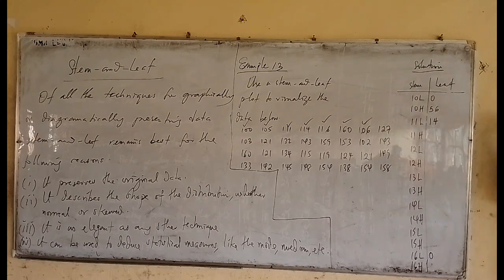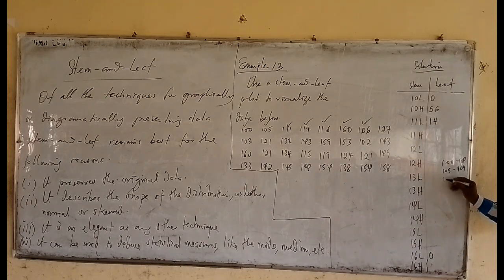10 and 0, low. That is, from 100 to 104 is a low. From 105 to 109 is a high. From 110 to 114 is a low. From 115 to 119 is a high. Do you understand me?